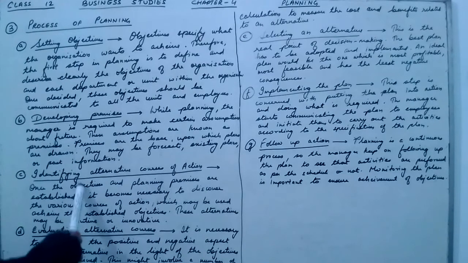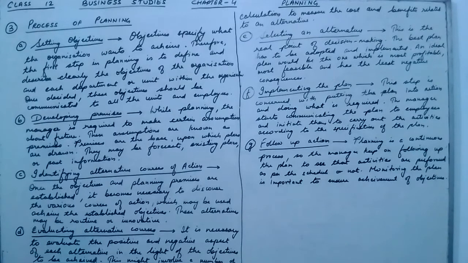Now the fourth step of planning is evaluating alternative courses. The next step is to weigh the pros and cons of each alternative.